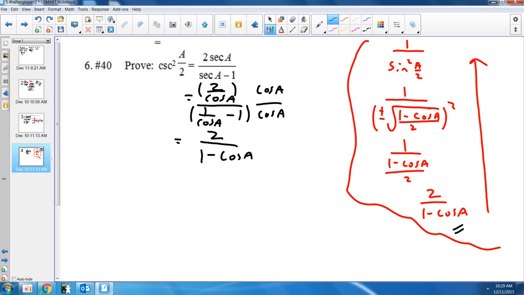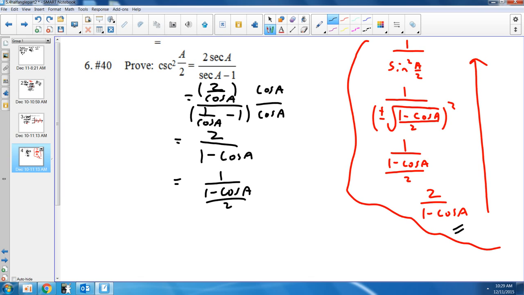Well, that matches. Now I can magically get back to where I want to on the left-hand side. So I'm kind of like meeting it halfway. I know where I need to go. This isn't part of my proof, but I can say if I divided the top and bottom by 2, I would get 1 over 1 minus cosine A divided by 2.